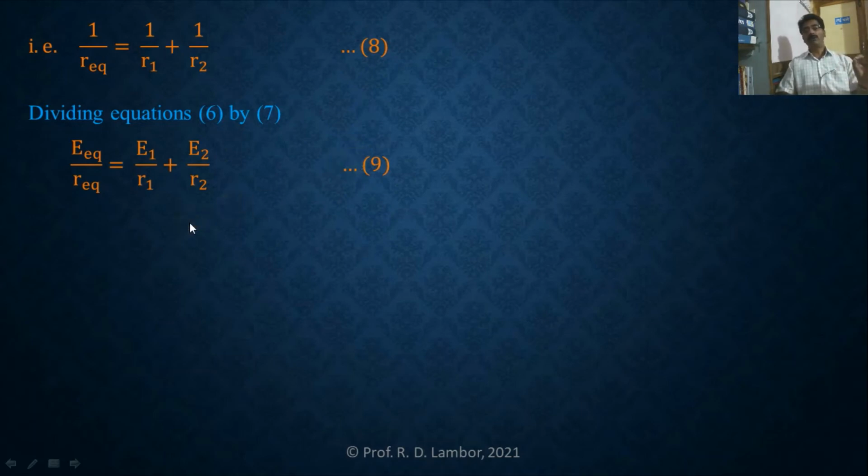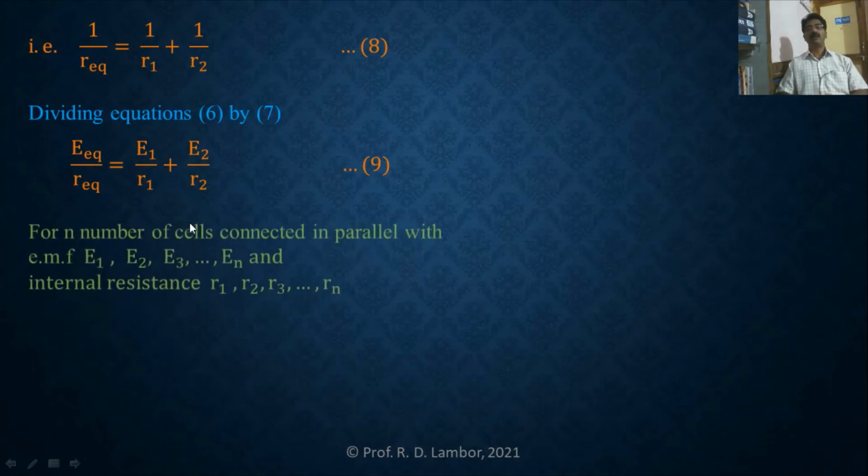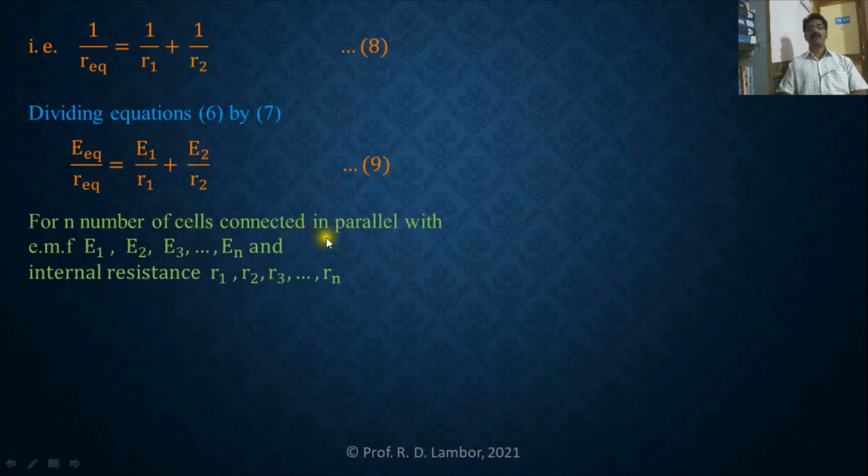Now, if we generalize this result by connecting n number of cells in parallel combination, then for n number of cells connected in parallel combination with EMF E1, E2, E3, En and internal resistances R1, R2, R3, Rn, equation 8 can be written for n number of cells, and equation 9 can also be written for n number of cells, like that.